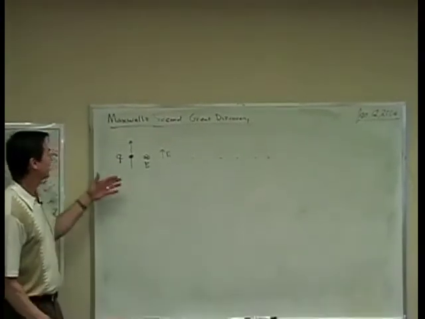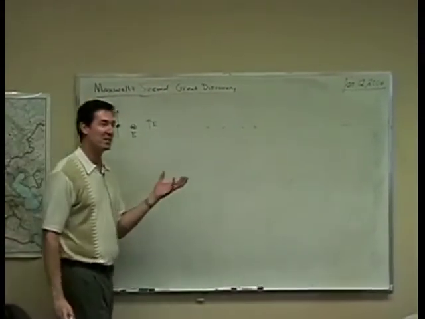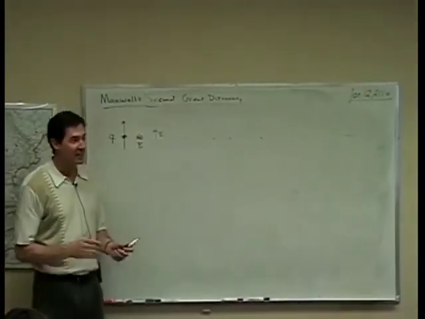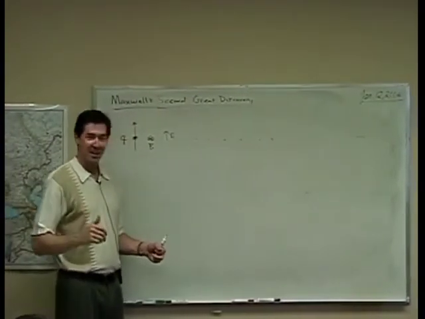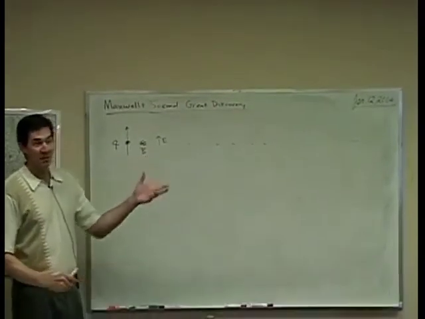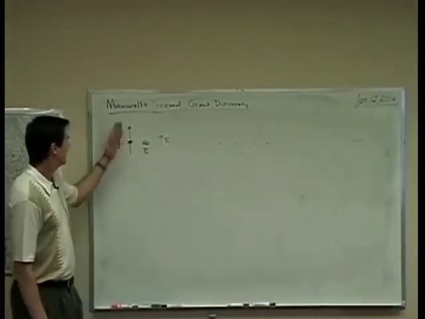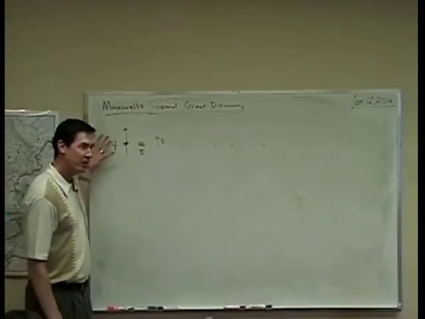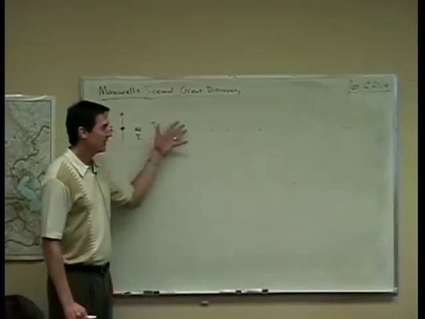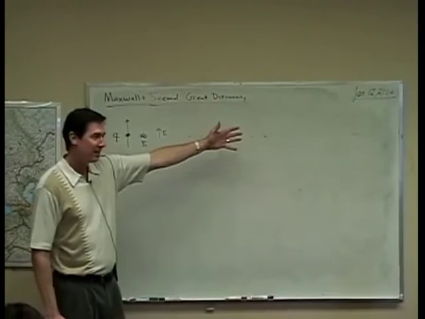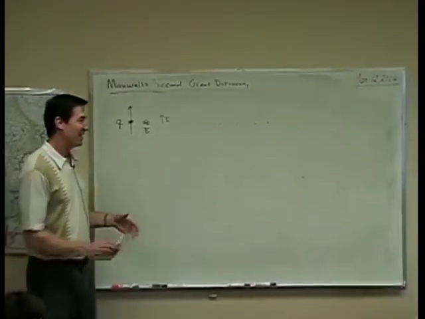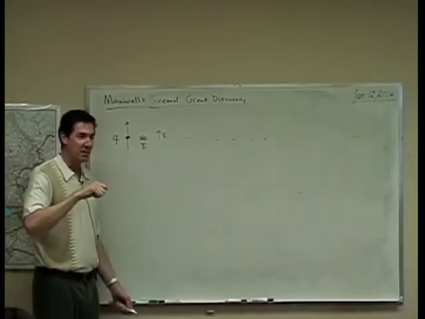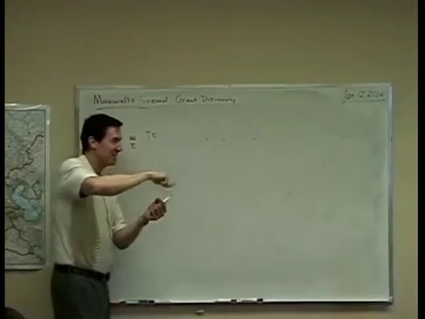So Maxwell realizes that once he has this missing piece of the puzzle that people didn't have before, that they didn't know that a changing E field created a B field, and he knows the reverse is true from Faraday, then he sees, geez, all you have to do is start with an electric charge and shake it up and down, and you're going to get this electromagnetic wave that consists of an oscillating B field in one direction and an oscillating E field in the other direction.